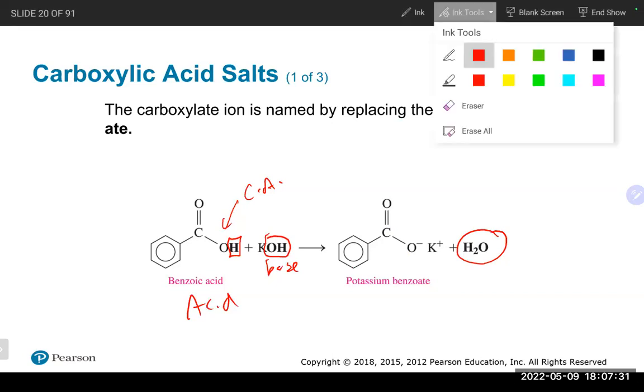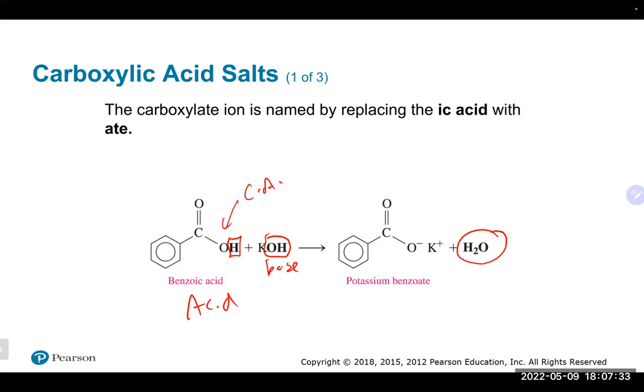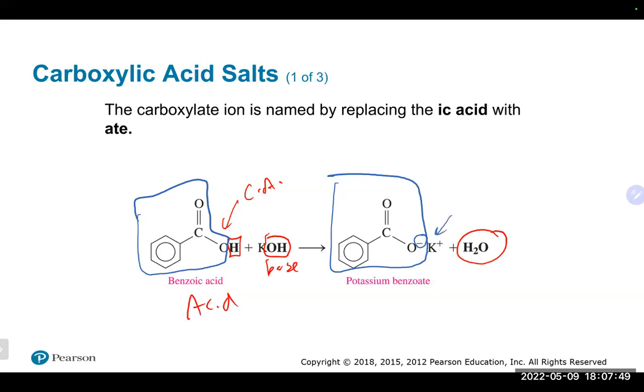And if you look at this, you could clearly see, hopefully, that pretty much everything else remains exactly the same over here, except that it obviously does gain a negative charge as a result of losing that H plus. And then our potassium also comes over here to make our salt. So carboxylic acids, again, basically will do an acid-base reaction, producing a salt and water. Any questions on that?